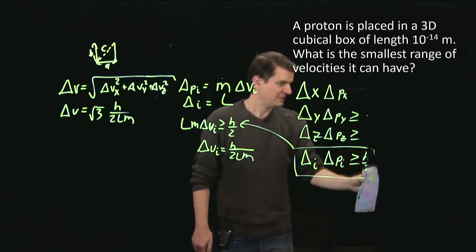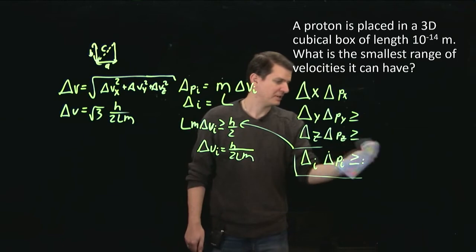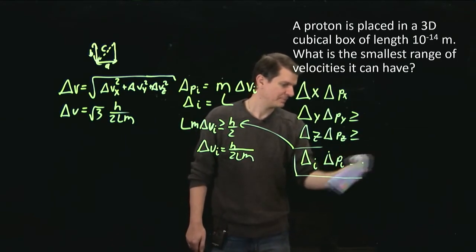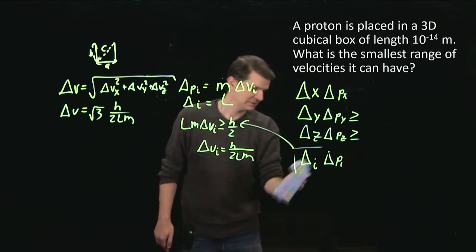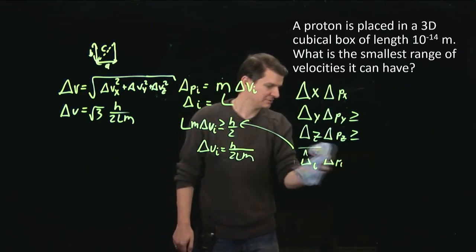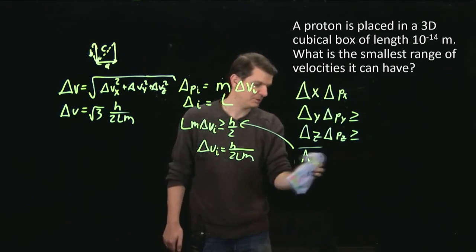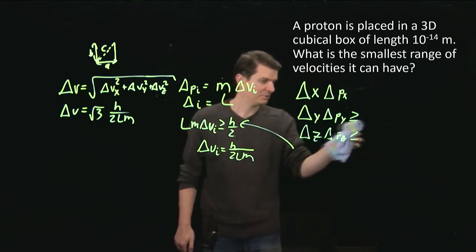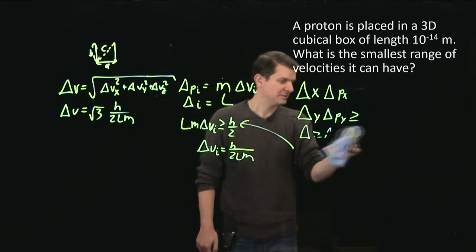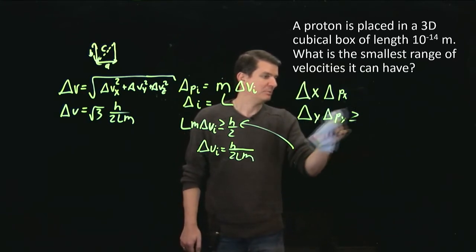So we need to go ahead and put in some numerical values for h, for m, and for L. L is given in the problem. The mass of a proton is something that you may or may not remember, but it's certainly something you can look up. Your book has a nice table of a bunch of constants if you don't happen to have them memorized.